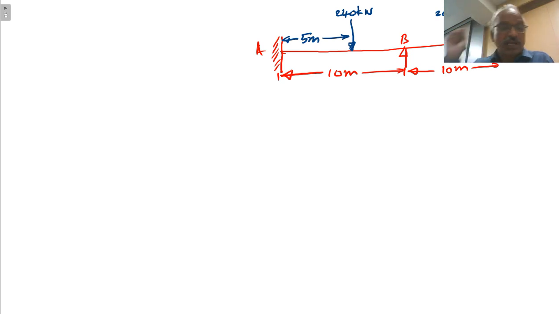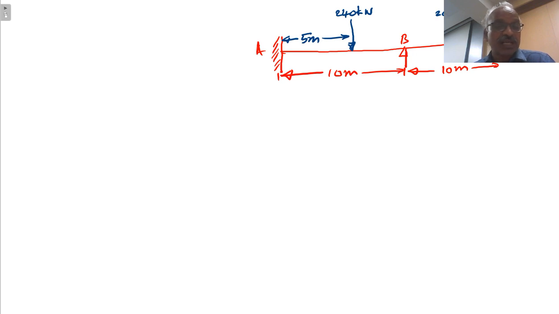This is the beam. Now I will read the problem so that you can draw the sketch. I will read it fast. A continuous beam ABC shown in figure has two equal spans of 10 meters each, with A as the fixed end and support C as hinged.